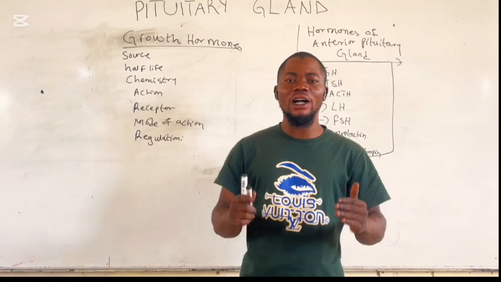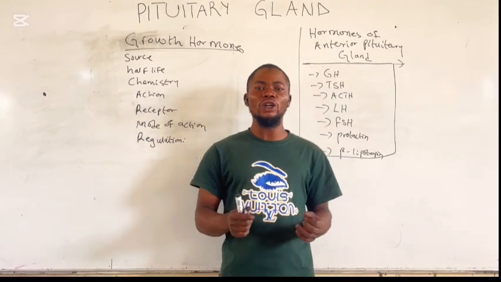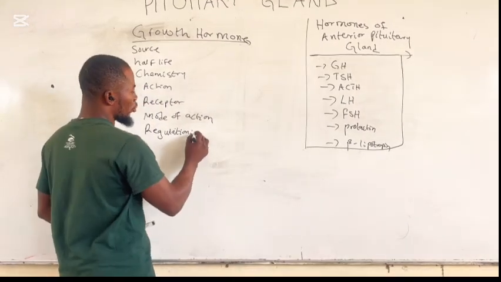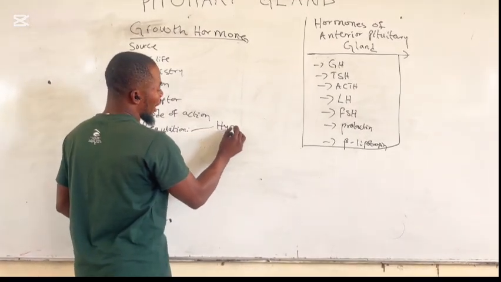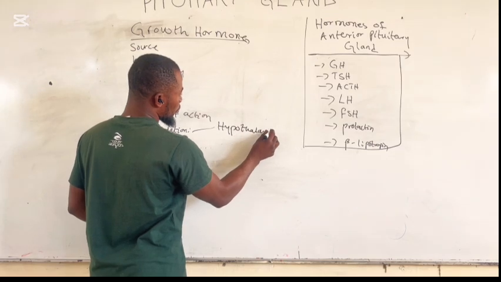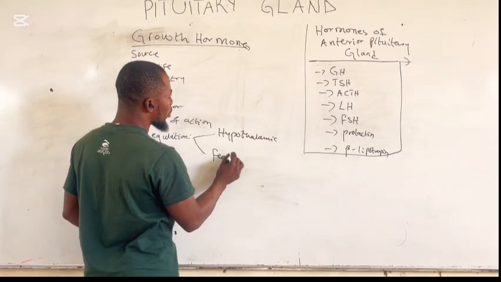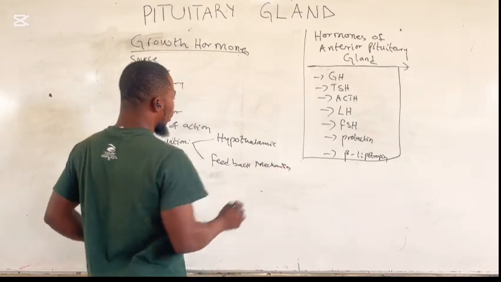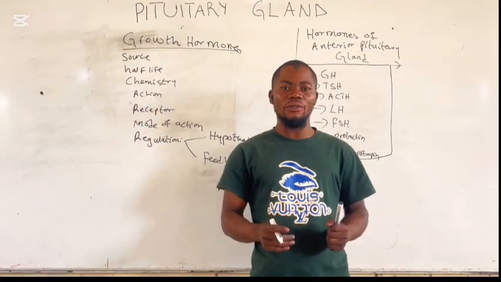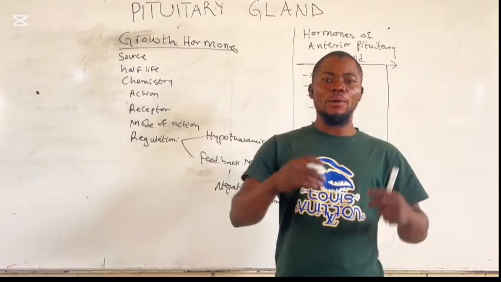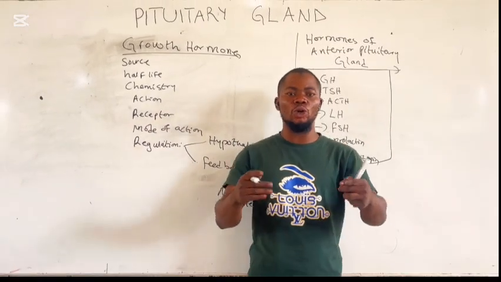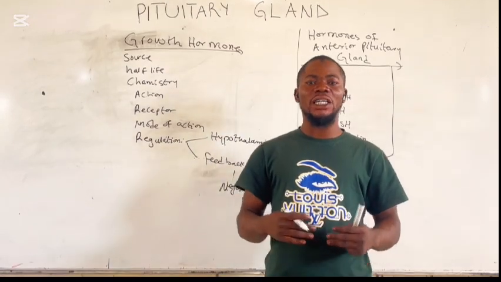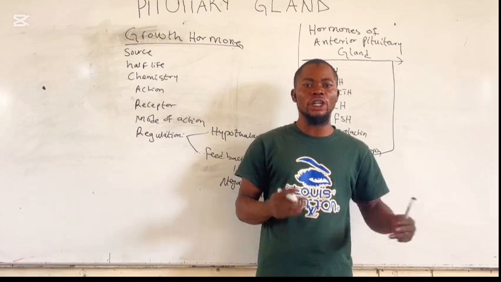Next is the feedback mechanism. Growth hormone is regulated by negative feedback. The hypothalamus releases growth hormone releasing hormone or growth hormone releasing polypeptide, which stimulates the somatotropes, the acidophilic cells of the anterior pituitary gland, to release growth hormone.